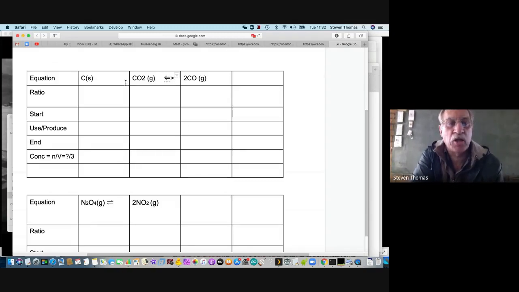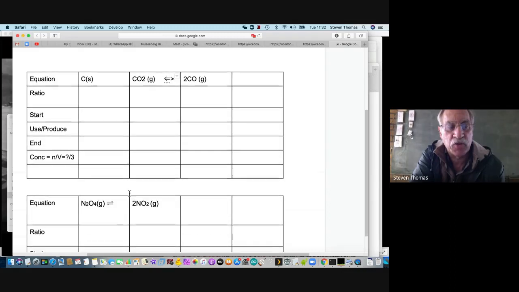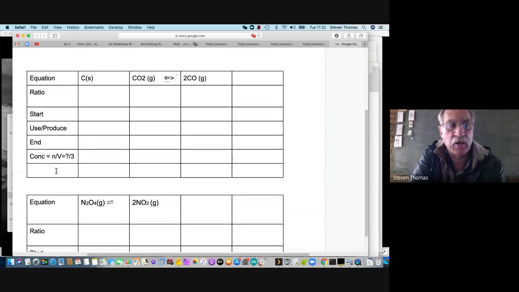So carbon solid plus carbon dioxide gas goes to form 2 carbon monoxides. And frankly, if you ever get bored, just make a few more tables like this because we're going to do a few more today.